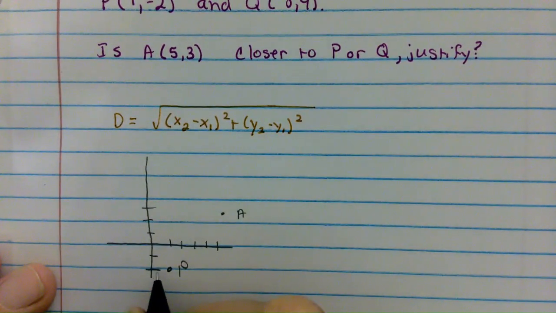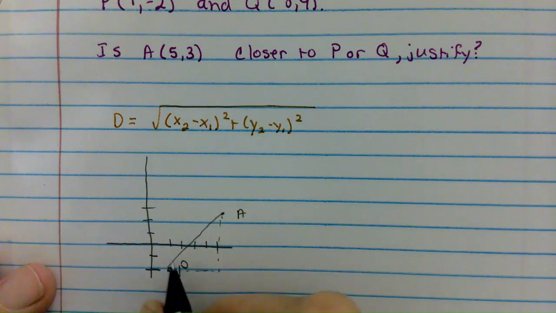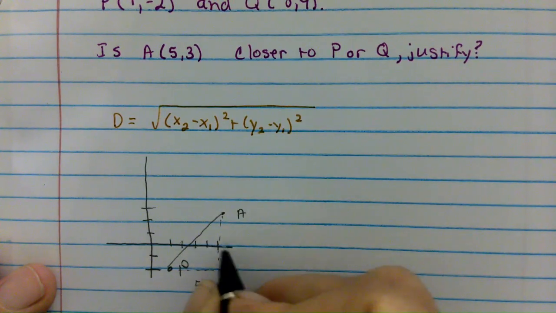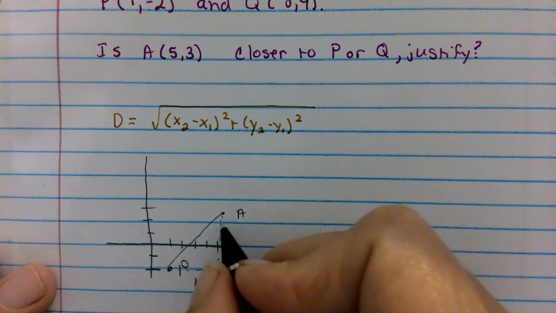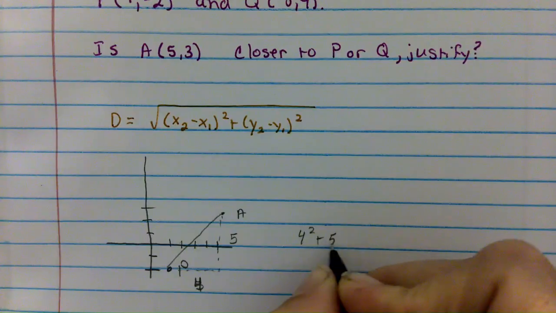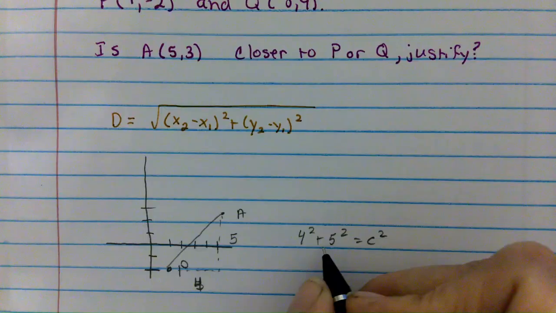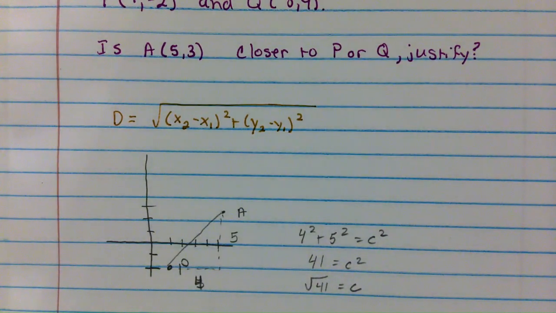And I've seen students do this. 1, 2, 3, 4. 1, 2. 1, 2, 3, 4, 5. Oh, a squared plus b squared equals c squared. 16 plus 25 is 41. And they just do the Pythagorean theorem.